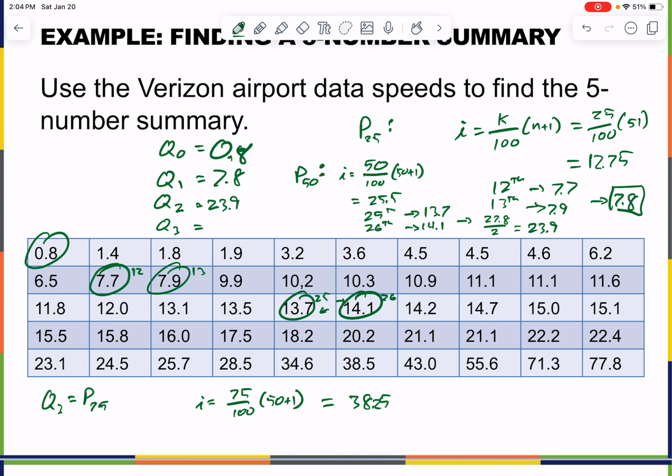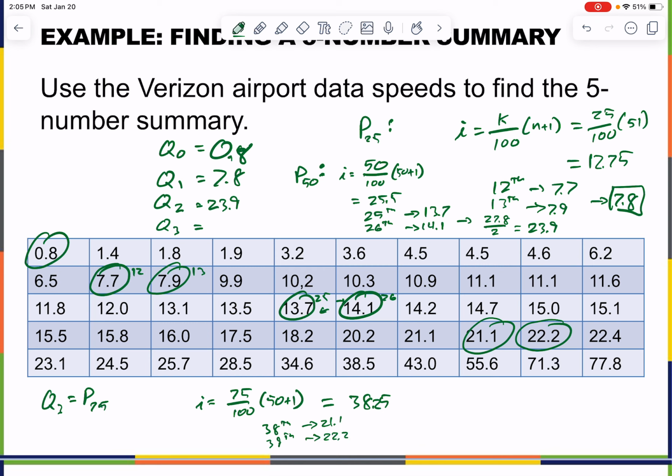So I'm going to take the 38th and the 39th data, and where does that land me? So this one here will be the 39th, this one here will be the 38th, and if I average those, so that's going to be 21.1, 22.2.